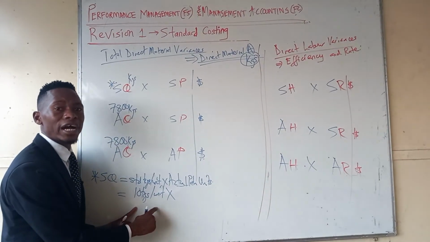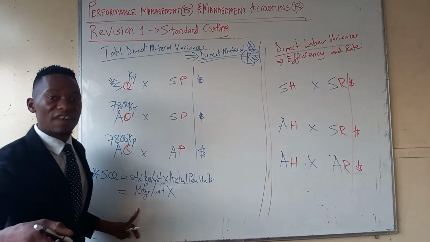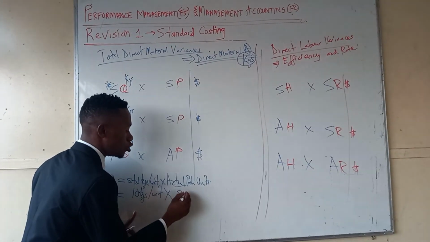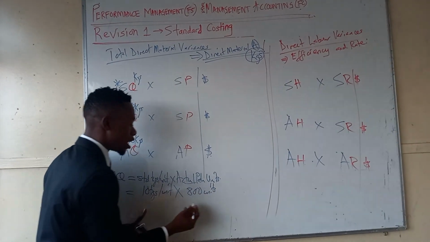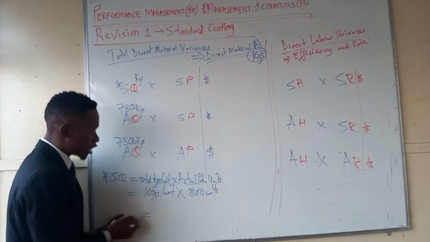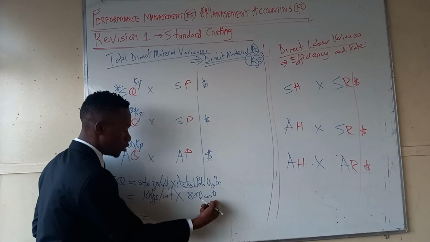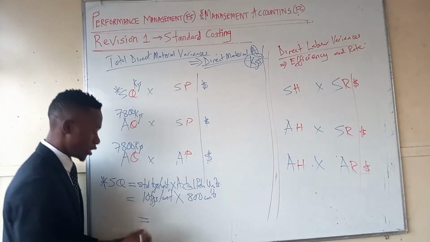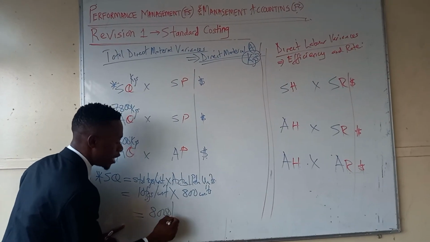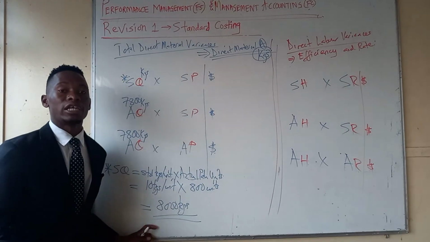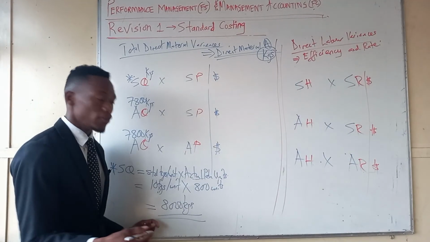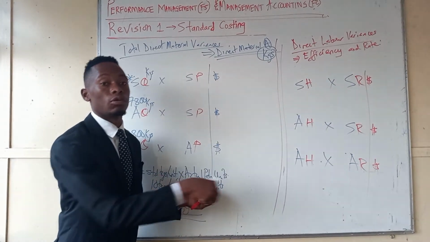We have discovered that actually we produced 800 units. So according to the budget, 800 units need how many kgs? 800 units need 8,000 kgs. This is what we are expecting in total, based on the actual results.